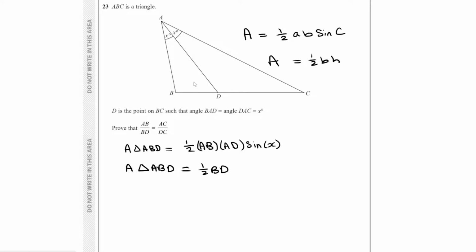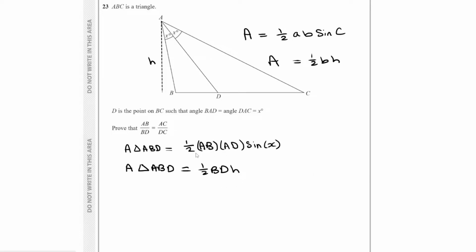The base is BD, and then the height is technically, it has to be a perpendicular height, doesn't it? I'll try and draw that accurately. Would be like this. Now, we don't have a side for that. We don't have a label for that. I just think this is so unnecessary. But anyway, I'll just put H. Again, I know that we don't want H at the end, but there's that.